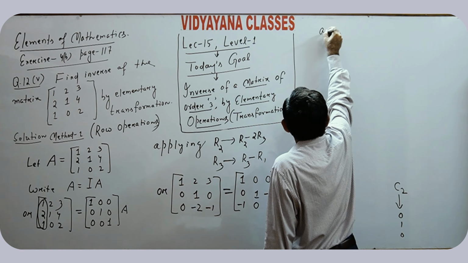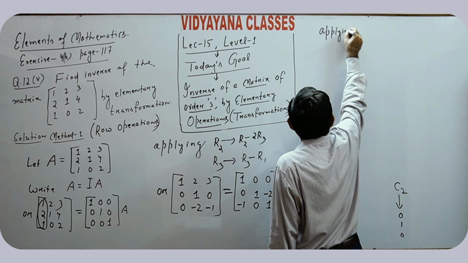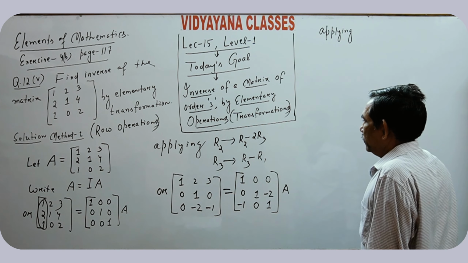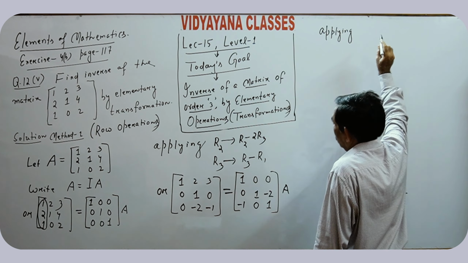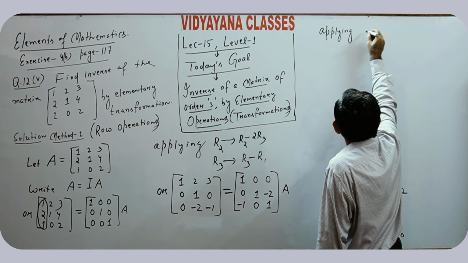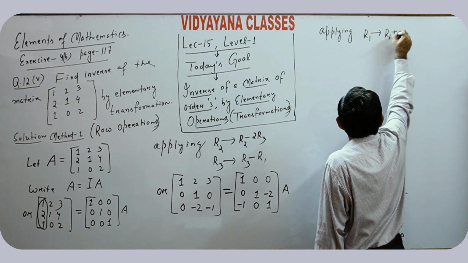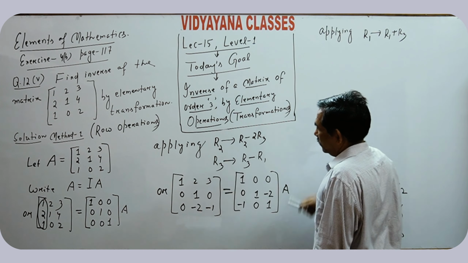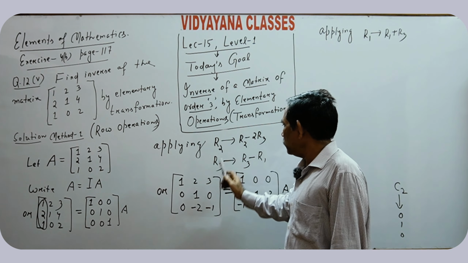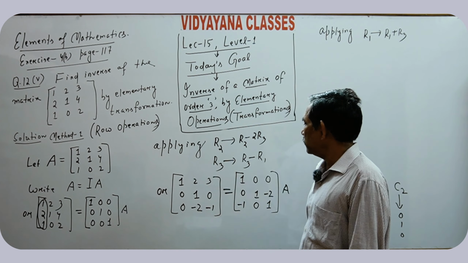Applying R1 replaced by R1 minus 2 times of R2. We will change the elements of column 2 as 0, 1, 0.